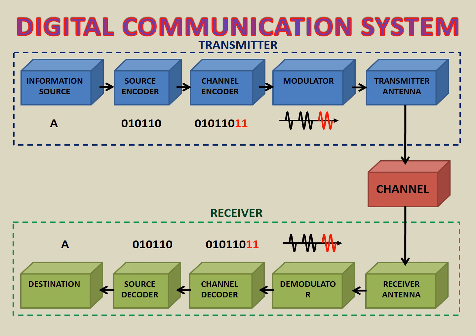Modulator transfers its modulated signal to the transmitter antenna, which is responsible for transmitting our digital signal to the receiver through channel.